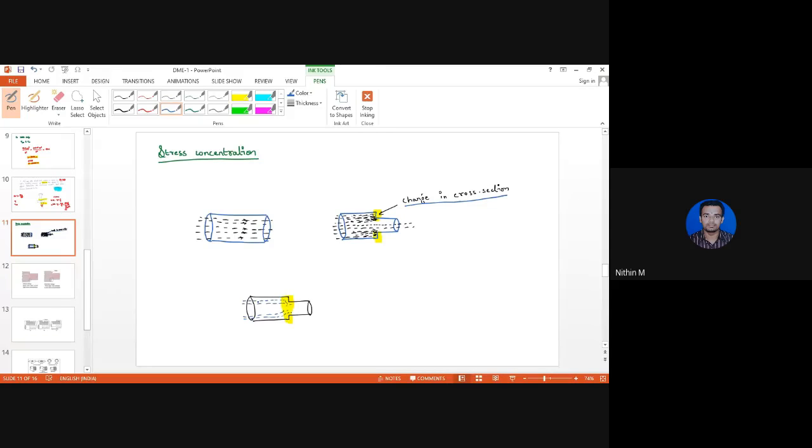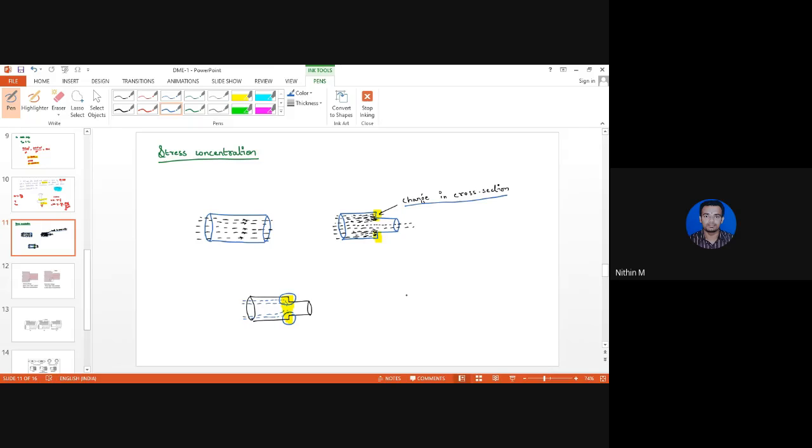The stress lines are getting concentrated wherever there is a change in cross section of the body. If there is an increase in cross section, that is not a problem. But here there is a decrease in cross section.